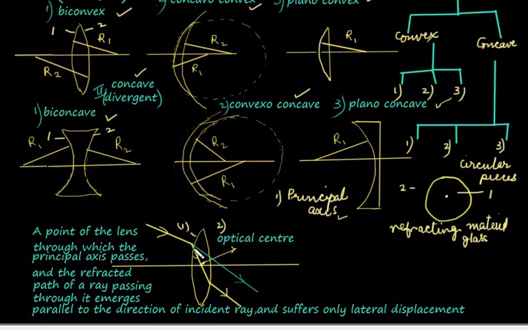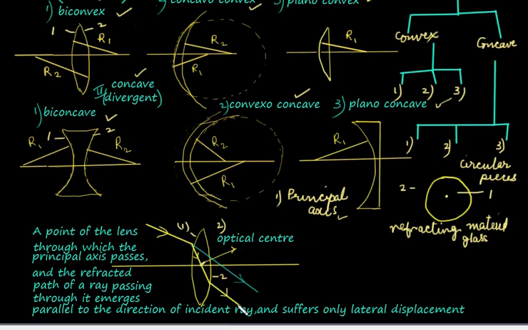It undergoes refraction, and if that refracted ray is passing through the center of the lens, it will proceed and strike the inner surface, surface 2, and then emerge out after refraction.